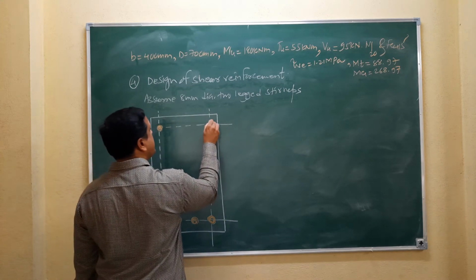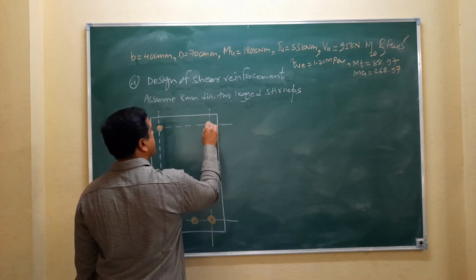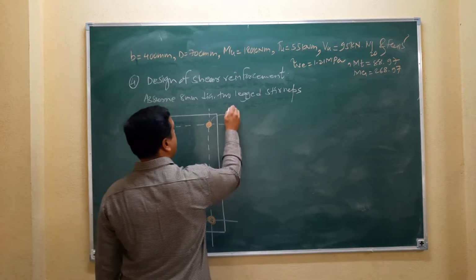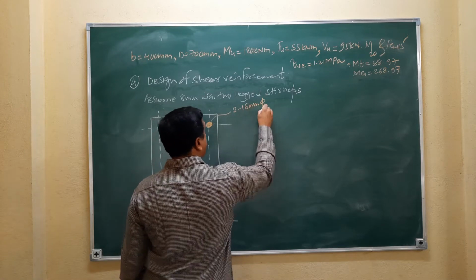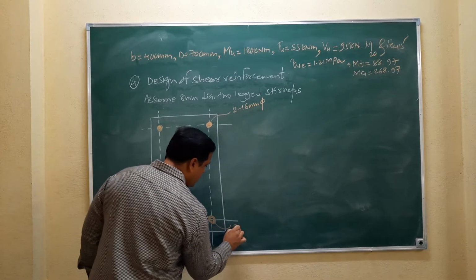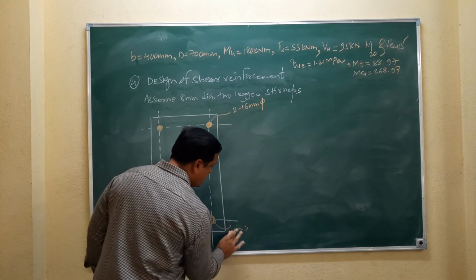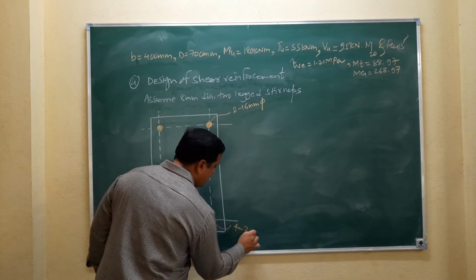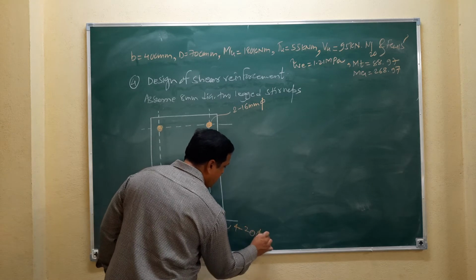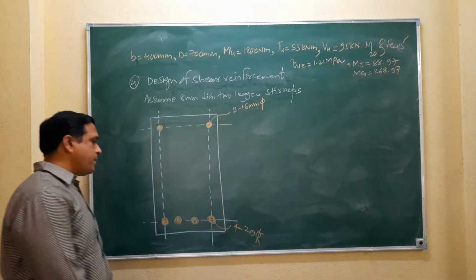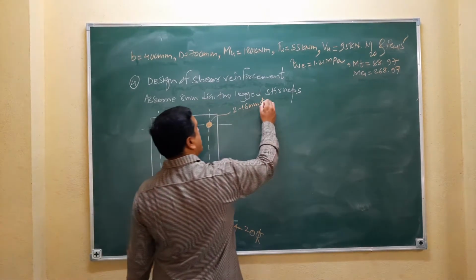So these are the 2 bars of 16 mm diameter, and these are the 4 bars of 20 mm diameter. Let it be torque bars.